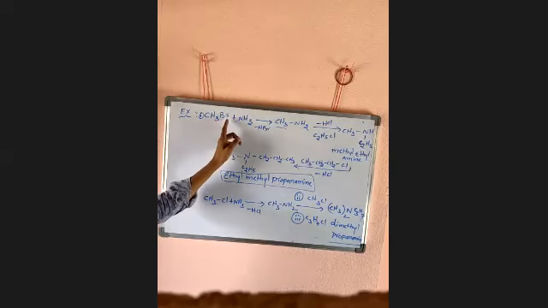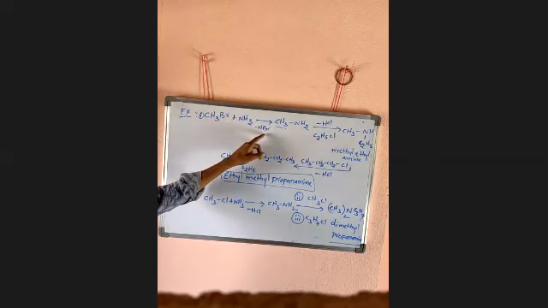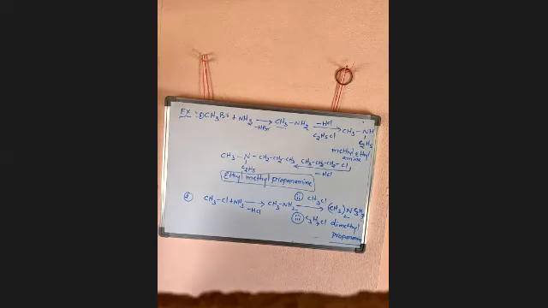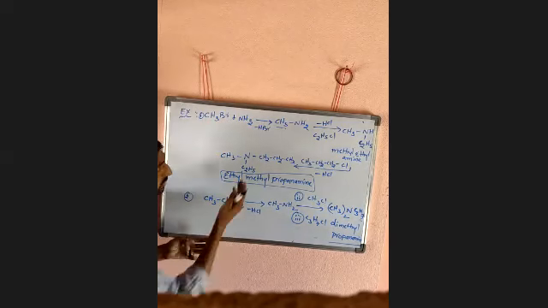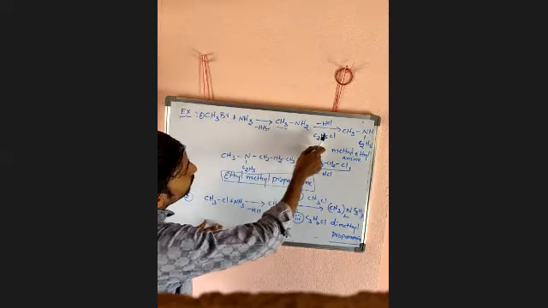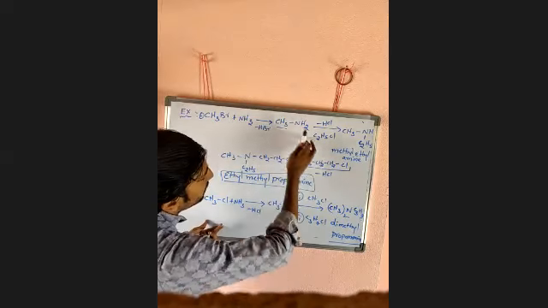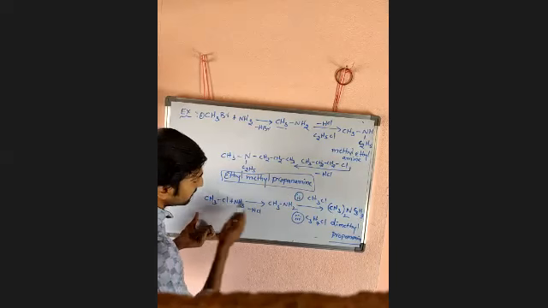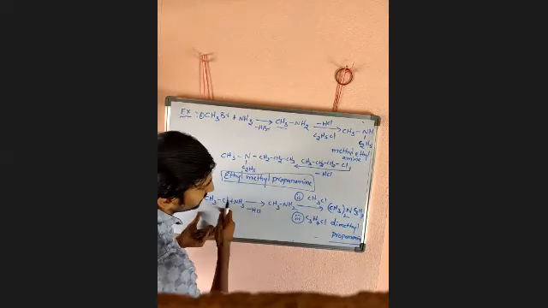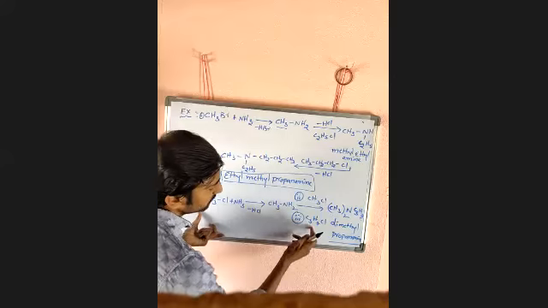RX is there; X is eliminated along with H and the remaining gets attached to the nitrogen. How many we take and what type we take depends on those. So here one is methyl we took, one is ethyl we took, one is propyl we took. That's why we get the combination. Here we took 2 methyls. That's why here we get dimethyl, and one is propyl.